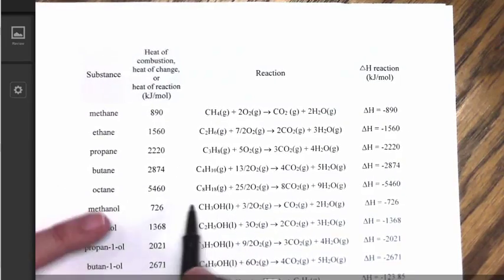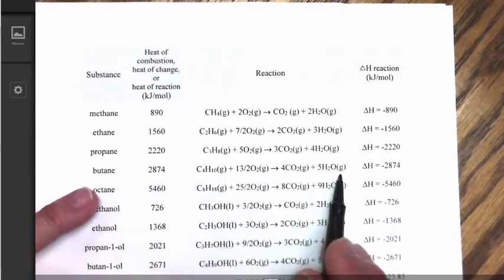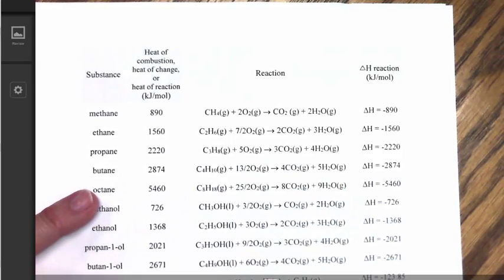So one of the things we're going to have to do is write the proper equation that includes heat of combustion, and then we're going to do the calculations. We're going to have to find the molar mass for butane in order to calculate this. So let's start by setting this up, okay?